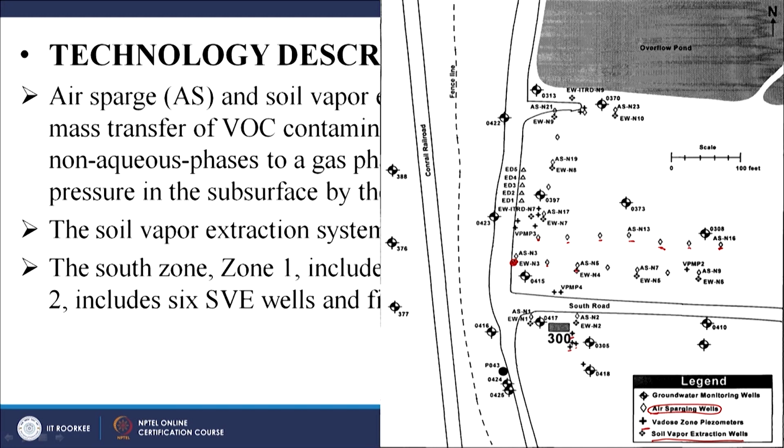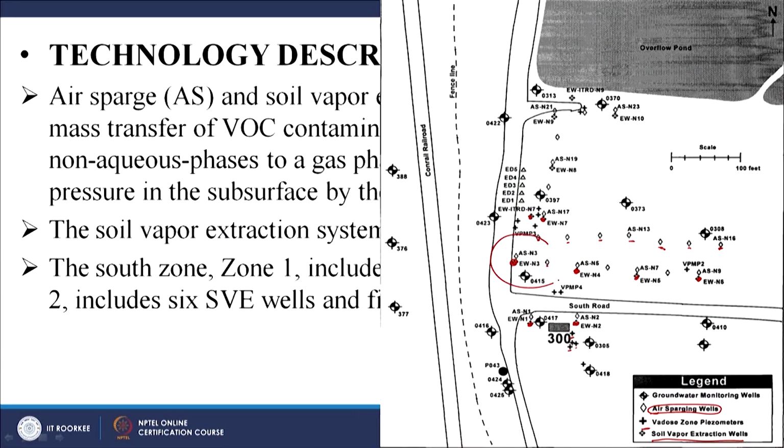You have them here, here, here, and here, and also some in this south zone. Obviously the location will depend upon where the contaminant is, the relevant transport, and also the soil characteristics, again the radius of influence, as we looked at earlier.